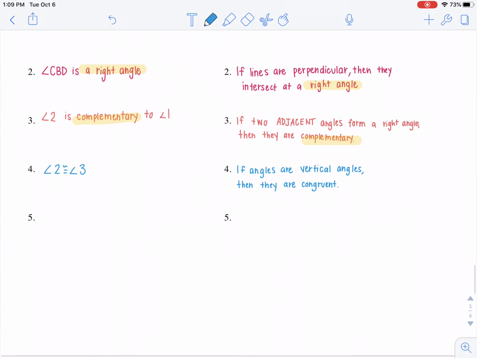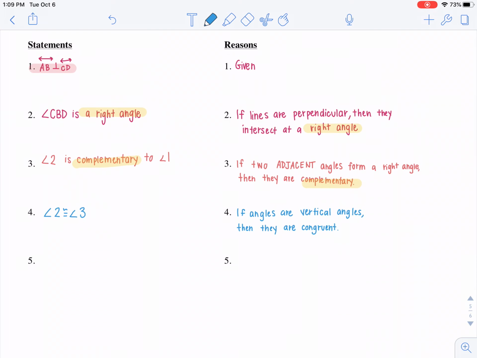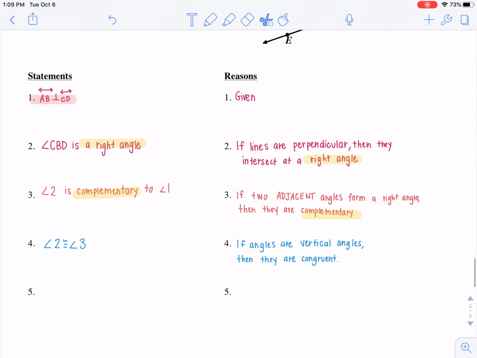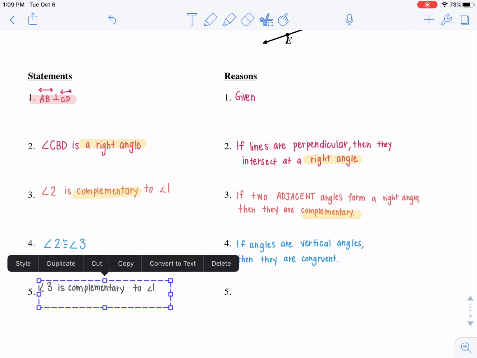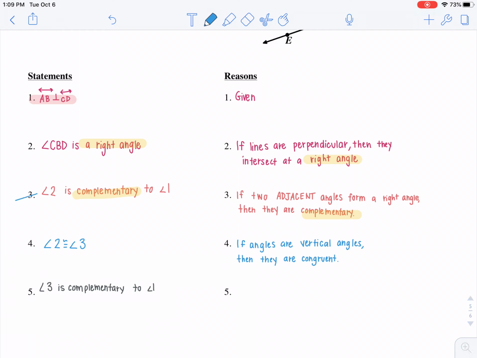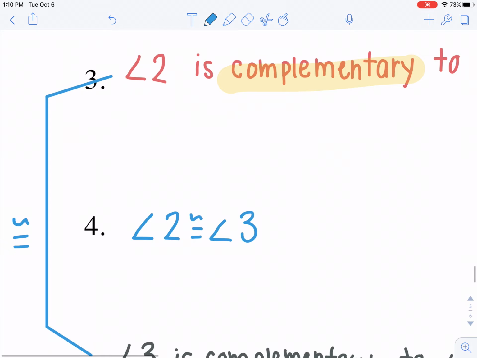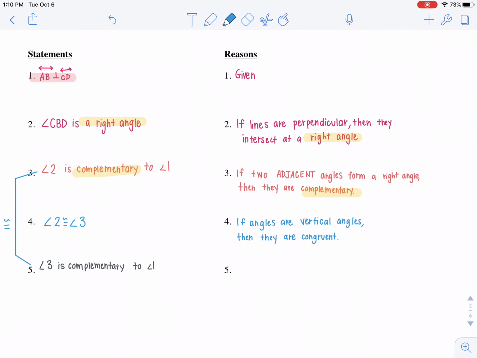Okay, so we now proved that 2 and 3 are congruent, and our last step is to finish our proof, and we need to prove that angle 3 is complementary to angle 1. Well, we just proved that these were congruent angles. And guess what? This is the same angle.